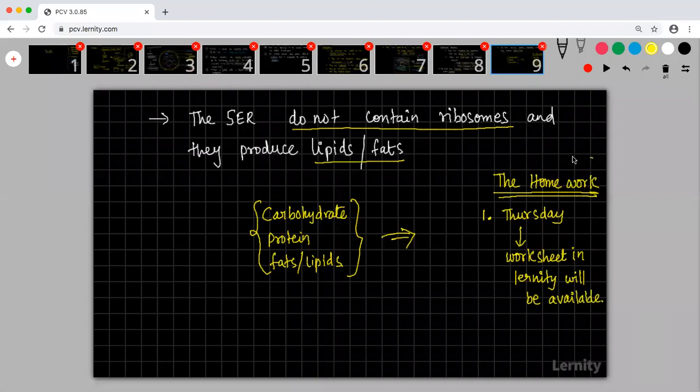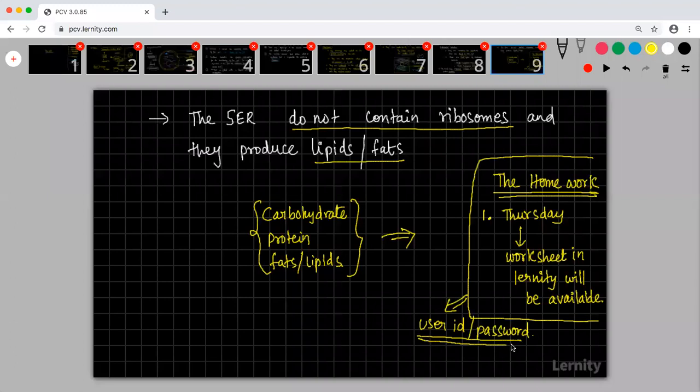There is something called Learnity. You will all be given a user ID and password. We will create a user ID and password.